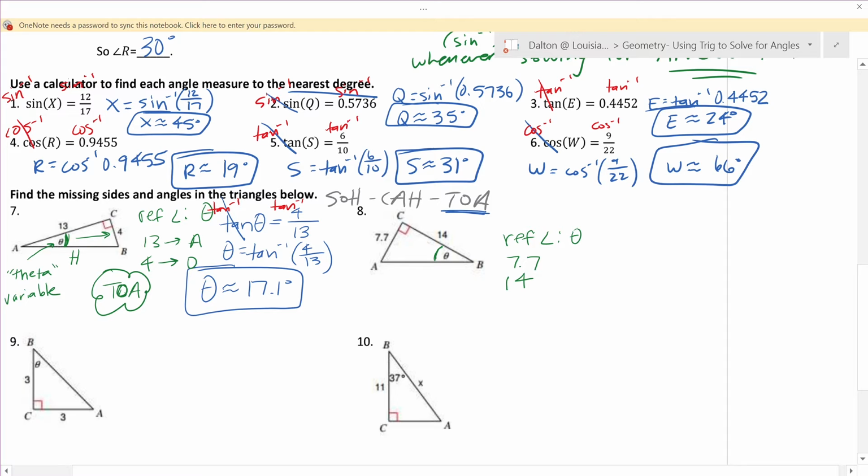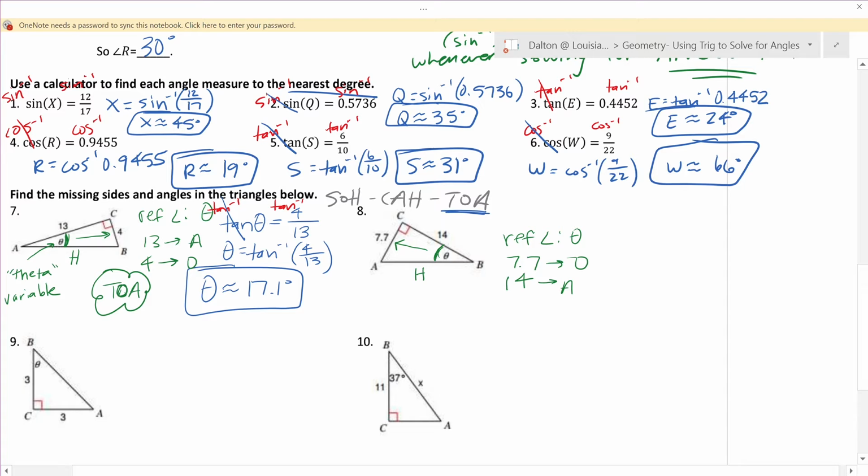So always list your hypotenuse first on your picture. Across from the 90-degree angle, I have H for my hypotenuse. 7.7 from theta, using words opposite and adjacent, is completely across from that angle. It is opposite. Okay, 14 is right next to it, so it is adjacent.